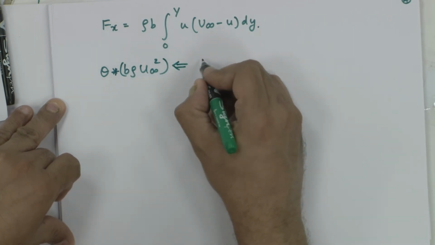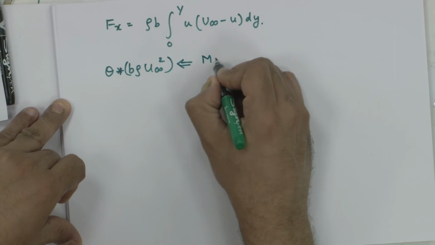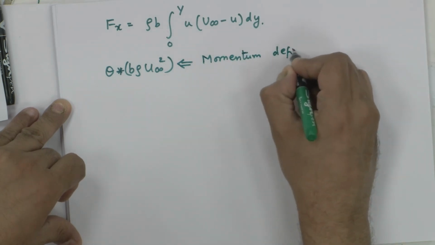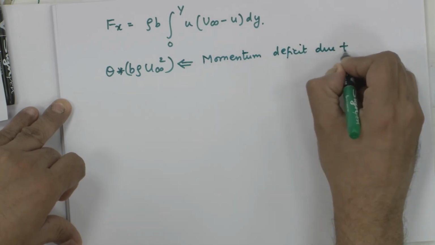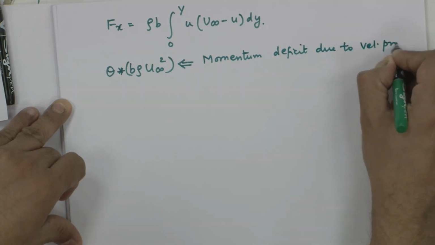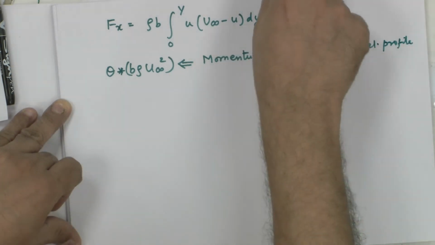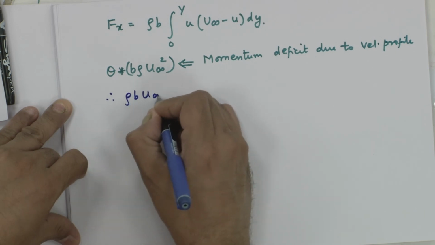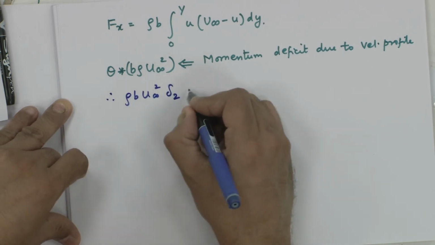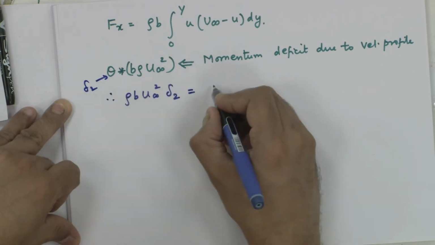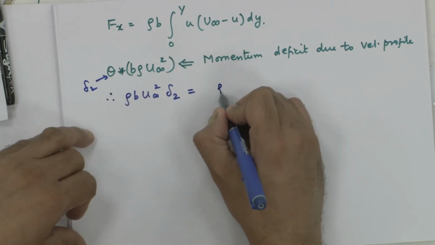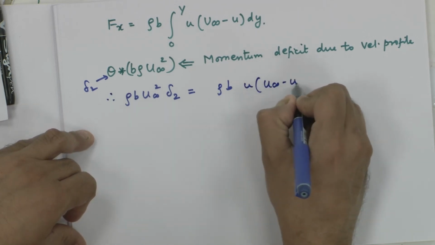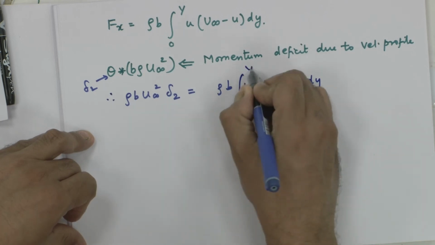This is the momentum deficit due to the velocity profile. This theta is that thickness which we are going to define. Therefore, rho b u infinity squared theta, instead of that I will use delta 2, is equal to rho b integral 0 to capital Y u times u infinity minus u dy.